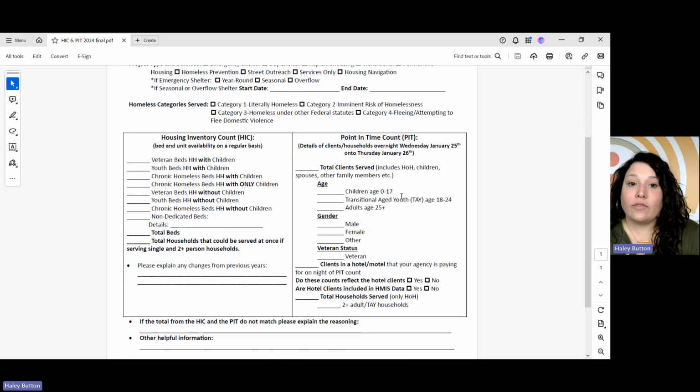In the middle of the form, you have your HIC, which is your housing inventory count. This is what your inventory and capacity looks like on any given day. And it also talks about if you have any beds that are specific towards a certain type of people, such as chronic individuals with or without children, veterans, youth only, or if you are not as specific to what you can use your beds for, then they would be the non-dedicated beds towards the bottom.